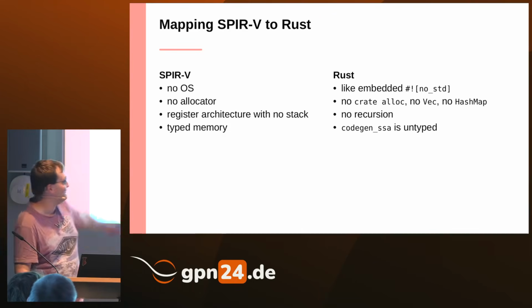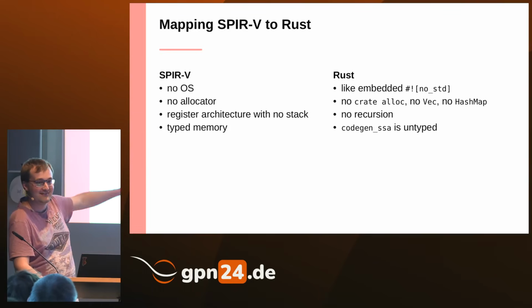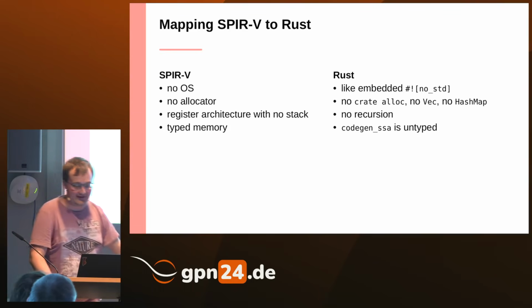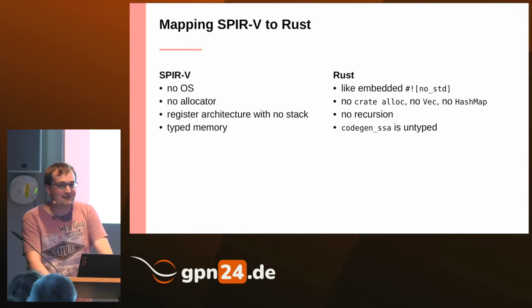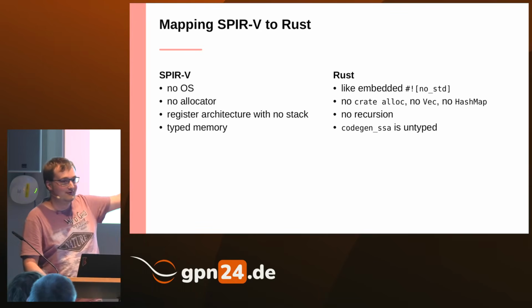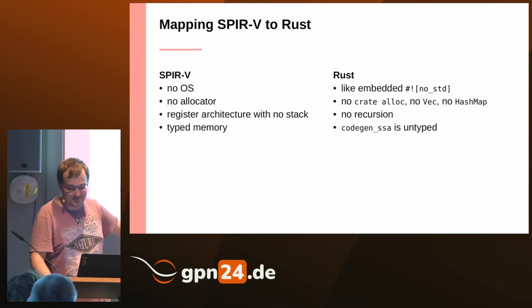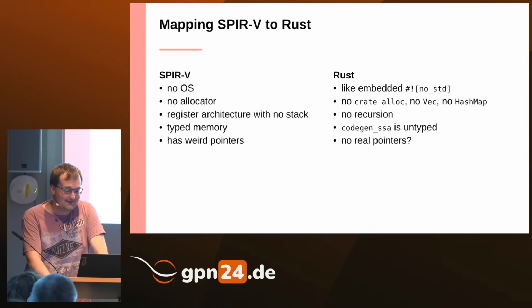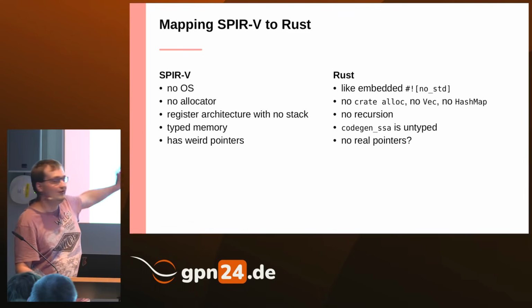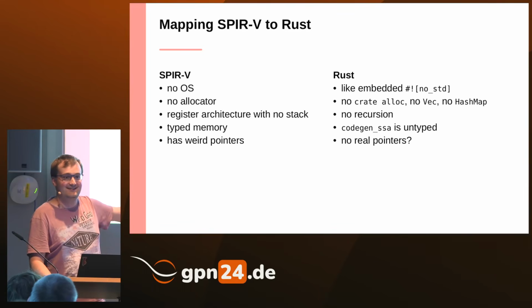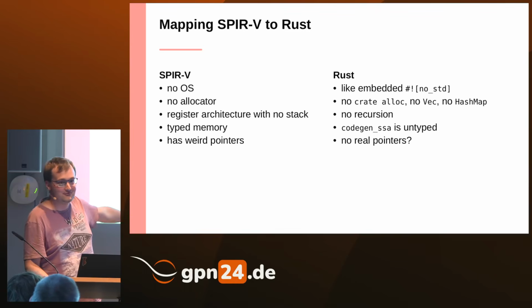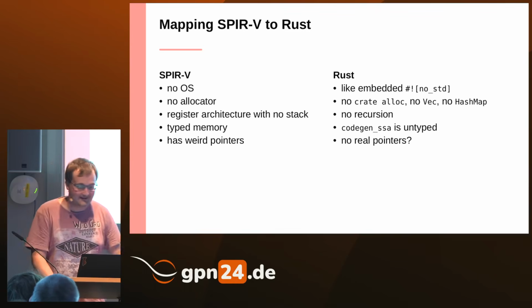Everything is typed memory, which for compilers is a certain type of hell, where we have to do some weird transformation from untyped to typed memory, which I'm not going to go into because it'll take forever. And SPIR-V has really weird pointers. Like I said, normal shading languages don't really have pointers for a reason.